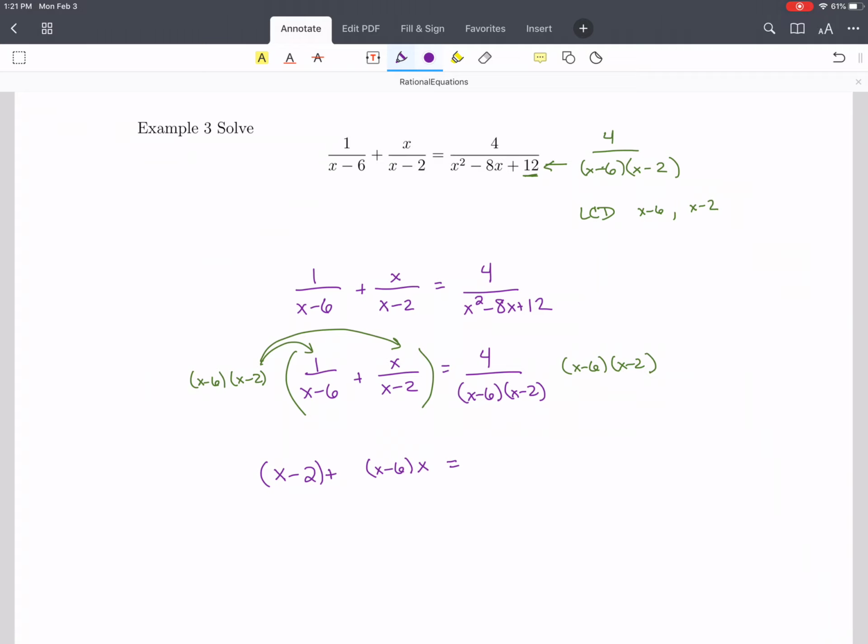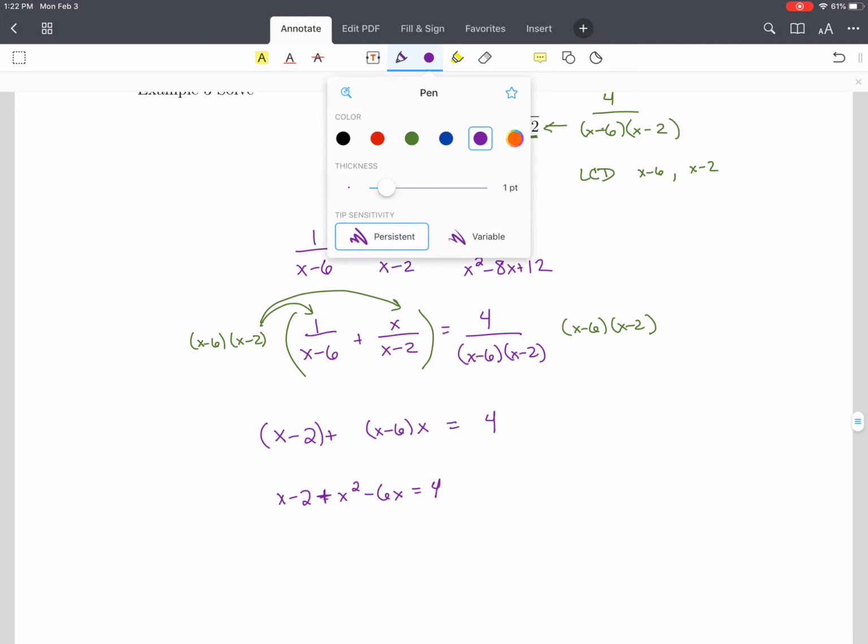And on the right side, my x minus 6 and my x minus 2 cancel, so all I'm left with is 4. And now, once again, my equation has simplified dramatically. So now I can distribute and say I have x minus 2 plus x squared minus 6x is equal to 4.